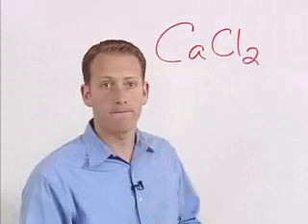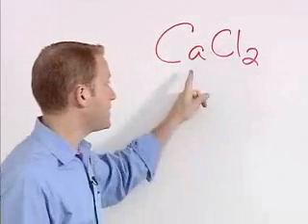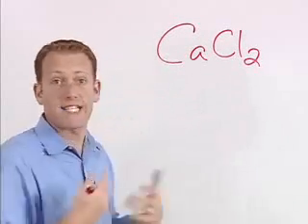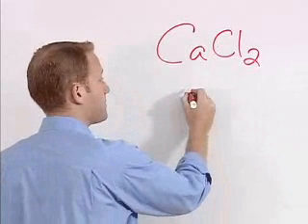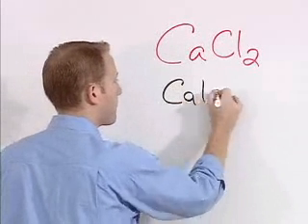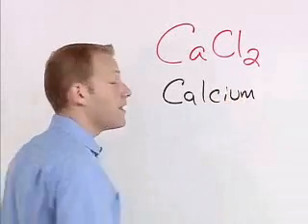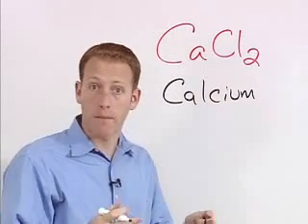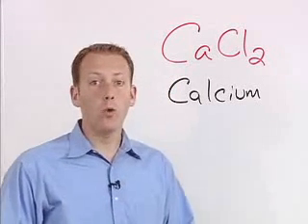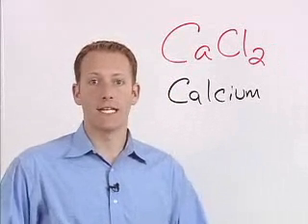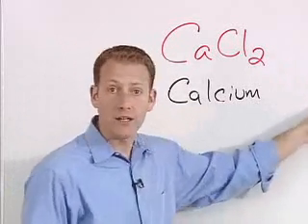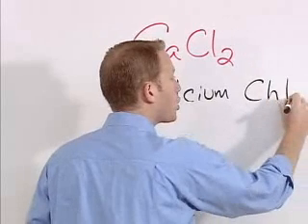Cl is chlorine. The first element always keeps its name. So Ca is calcium. This substance will be calcium something. So you know you're going to be dealing with calcium. The second substance, the negative substance, remember it's always positive first, then negative second. The negative substance always ends in ide, I-D-E. So this is not calcium chlorine, it's calcium chloride.